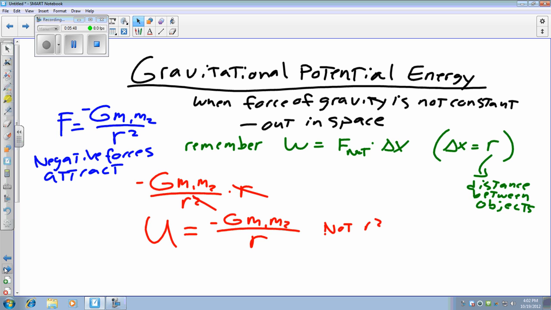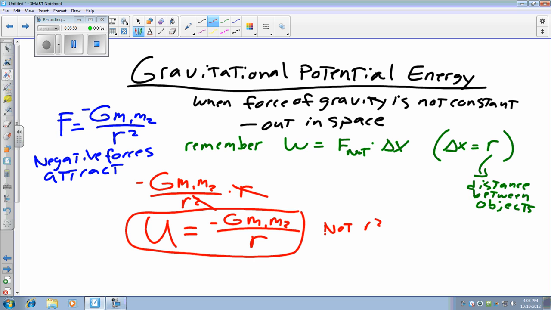So universal gravity out in space, in other words, when the force of gravity depends on the distance between the objects, is U equals negative G m1 m2 over r, not r squared.